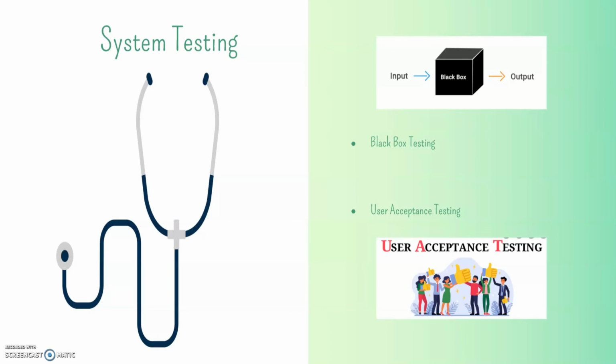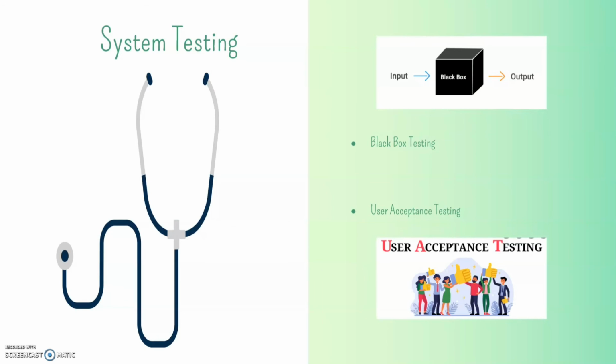As you can see, it takes the input and shows the output, and there are expected results. When the actual results come out, if they satisfy the expected results, the test is said to be passed, or else it fails. It is also known as functional testing.